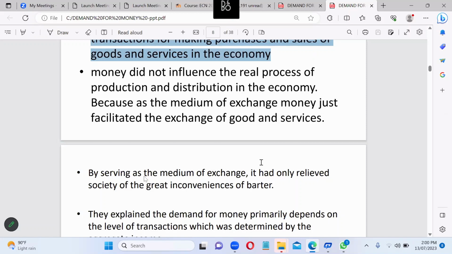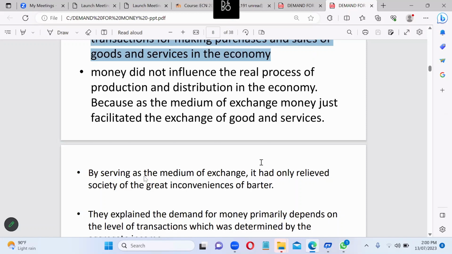As the medium of exchange, money relieved the major inconvenience in the barter system. The double coincidence problem is avoided by money.